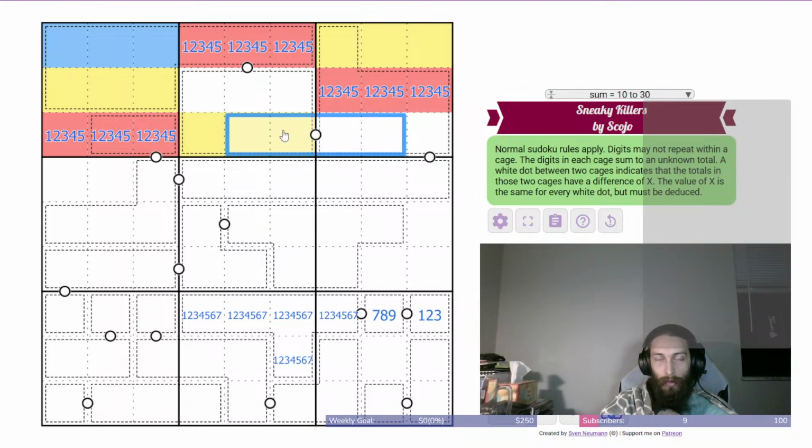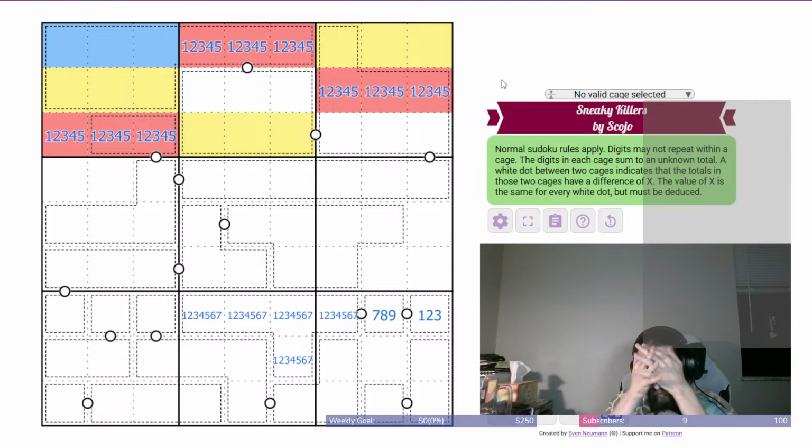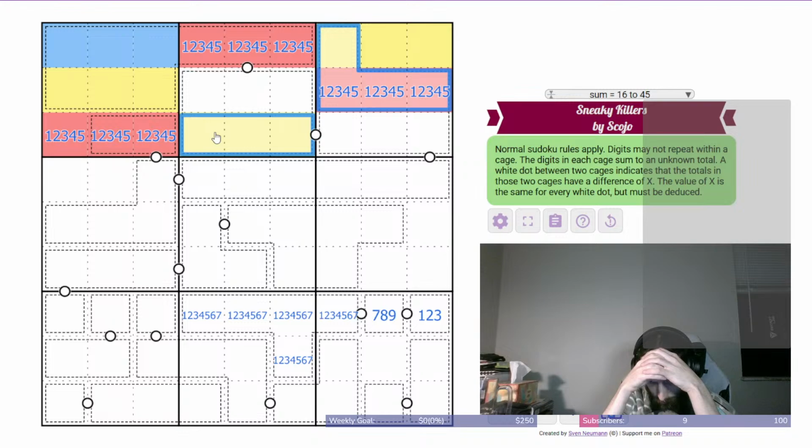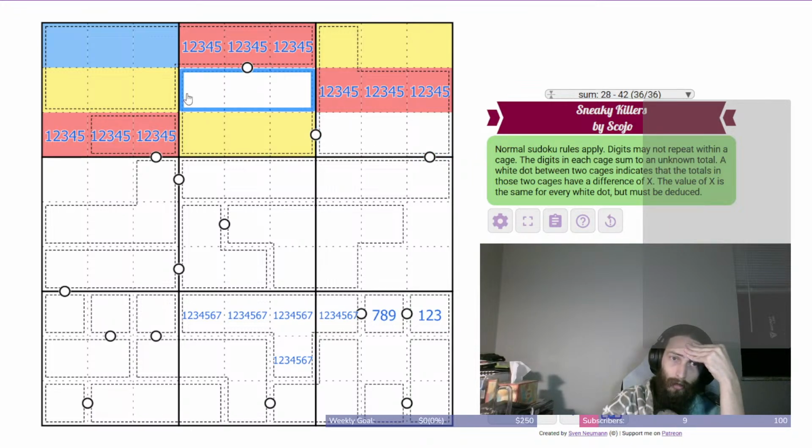We know the difference between them is red. So let's say this was yellow plus red, and this is just, or no. We know that this is equal to this, and there's an extra group of red somewhere, either on this side or on this side.